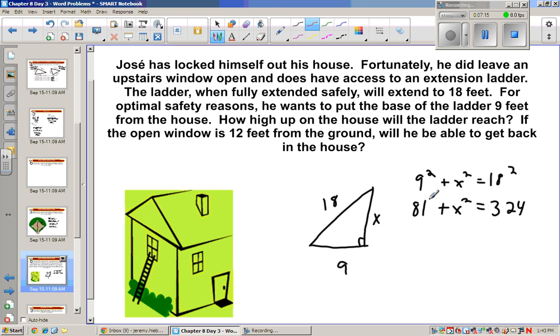Now I subtract 81 from both sides to get x squared equal to 243. Now I square root that answer to get x equals 15.588.